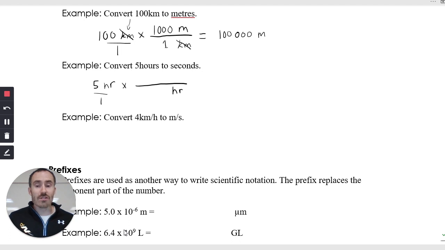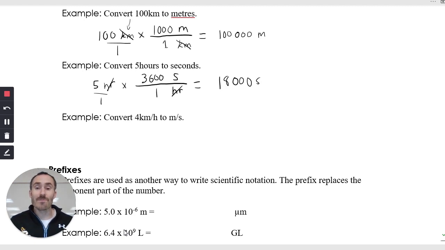So I could actually do this in 2 steps, or given the fact that we know there are 60 times 60 seconds in an hour, or 3,600, we can just go straight to seconds. 3,600 seconds per hour. And now, because we've gone straight from hours to seconds, the hours gets canceled out. We're left with only seconds. And that gives us 5 times 3,600, which is 18,000 seconds. That's 5 hours.